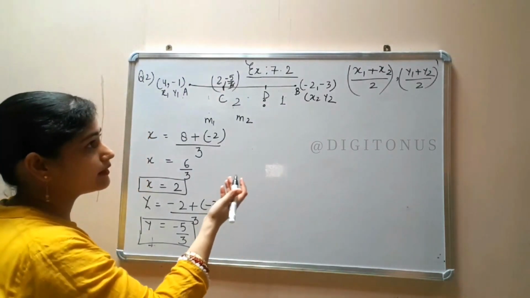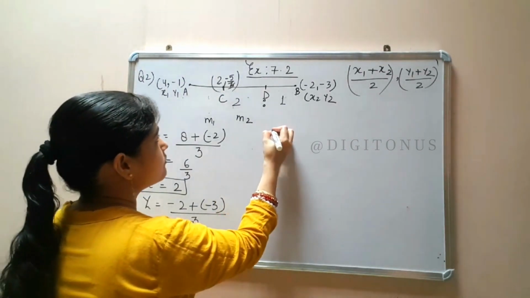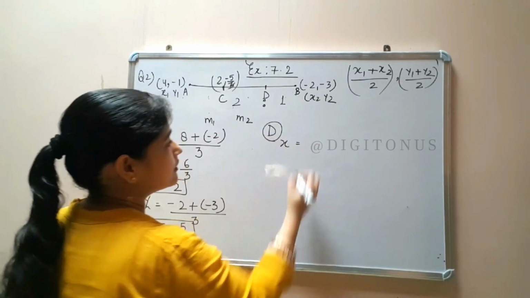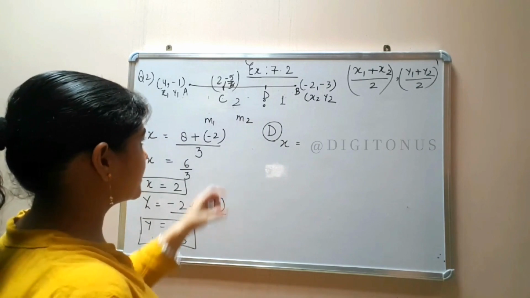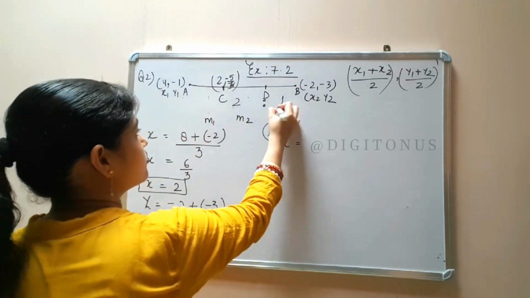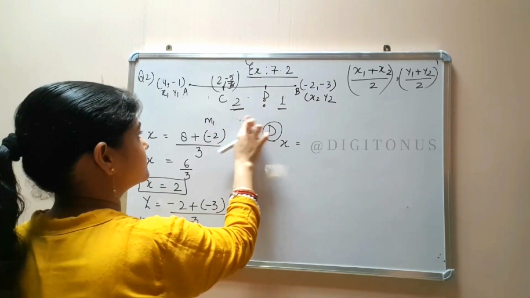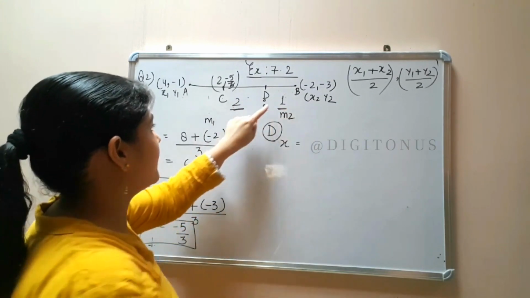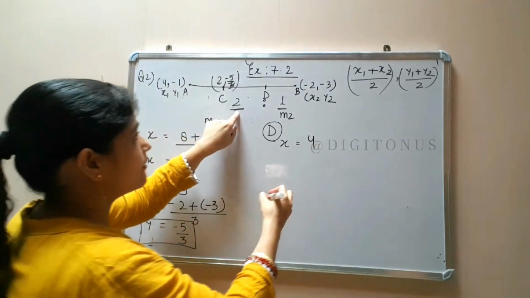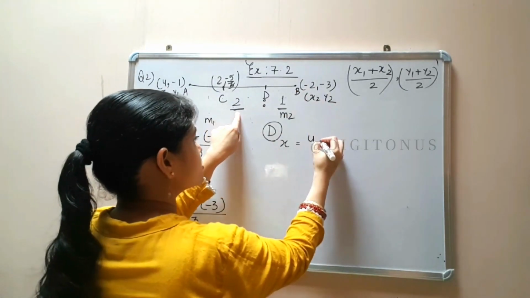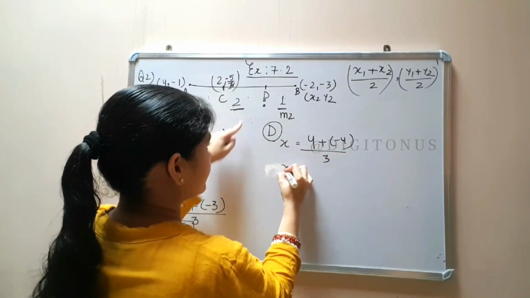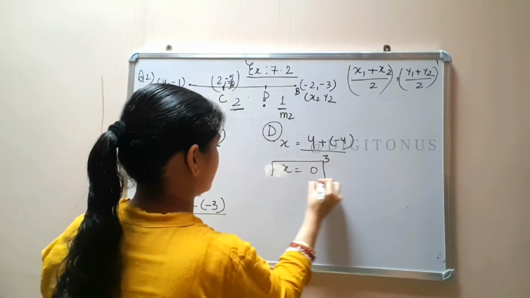I am applying the section formula for the coordinate points of D, and first we are finding x. Same: m2 x1, where m2 value is this and this is m1. So m2 into x1, 4 into 1 is 4, and m1 into x2, 2 into -2 is -4, over 3, and the x value will be 0.